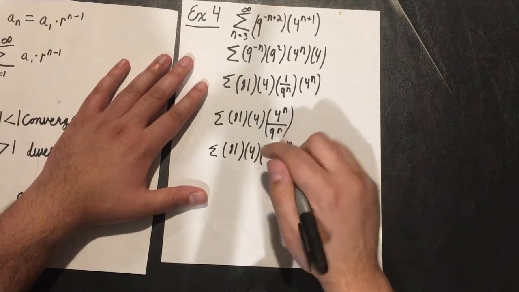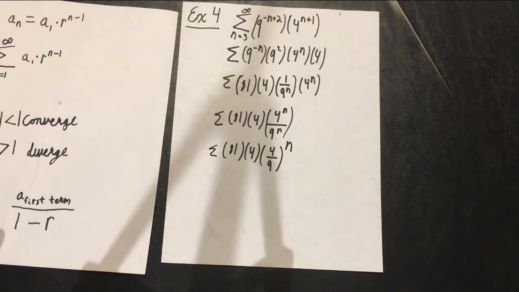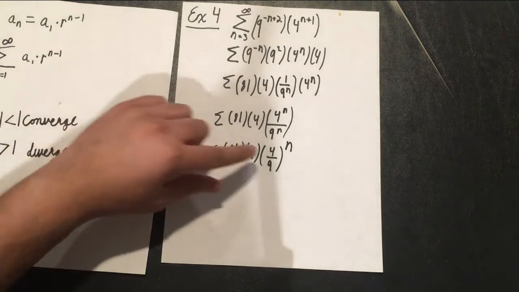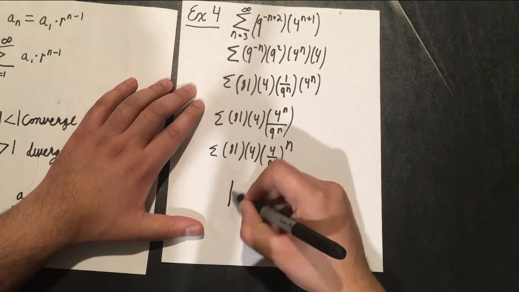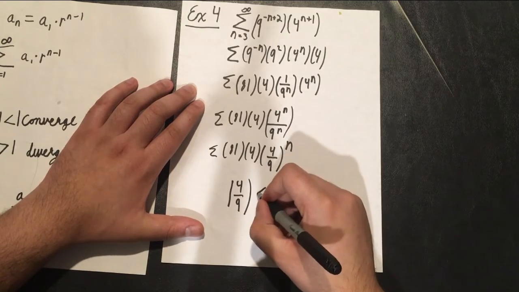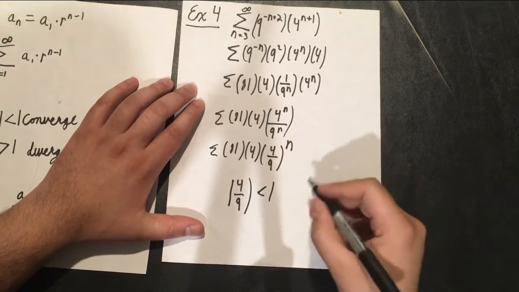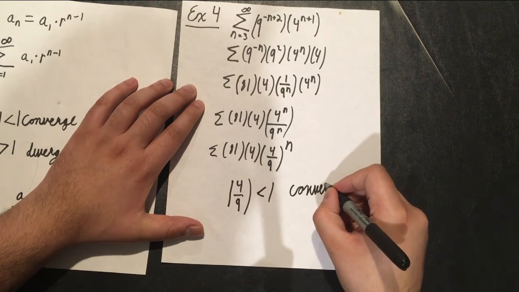And now I have this. This would all multiply to a constant term. And this is our ratio. And since the absolute value of 4 over 9 is less than 1, our series converges.